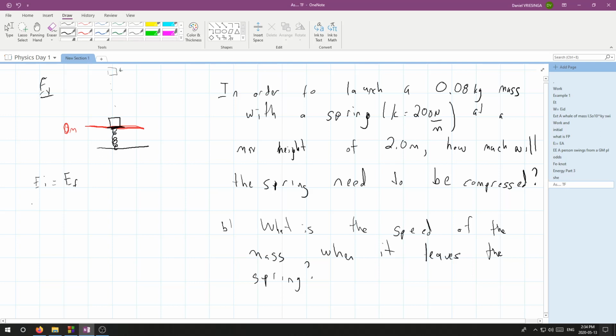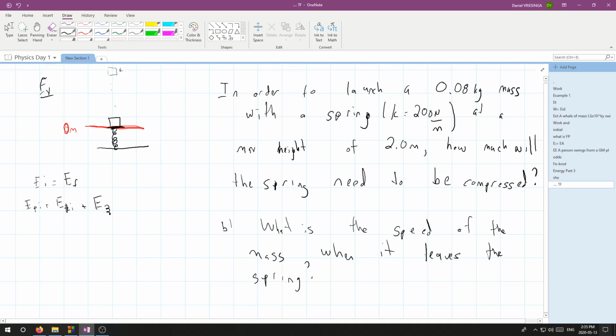So let's look at the initial energy when that spring is compressed. I'll have initial potential energy, initial kinetic energy, and initial spring energy.